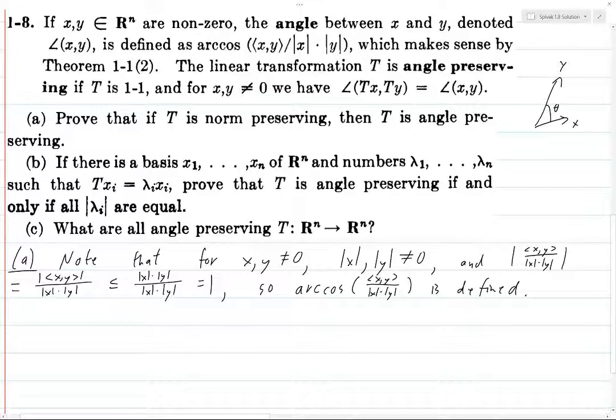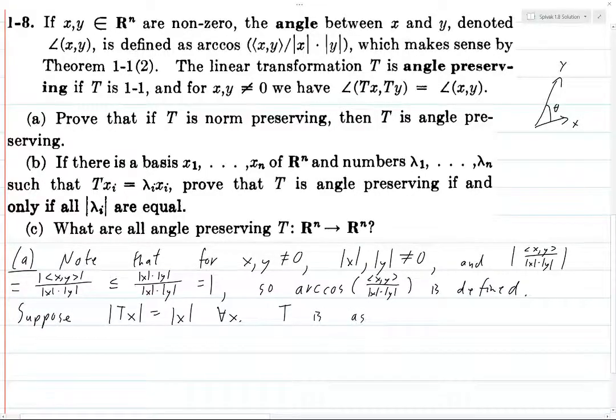Okay, so T is angle preserving if this thing holds. Prove that if T is norm preserving, then T is angle preserving. So suppose that the norm of Tx is the norm of x for every vector x.